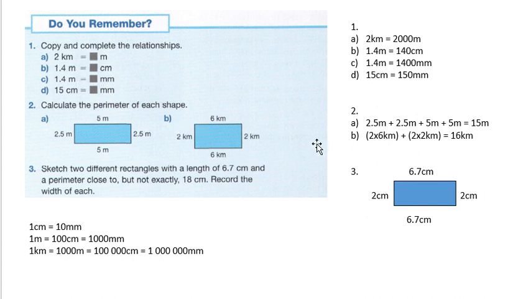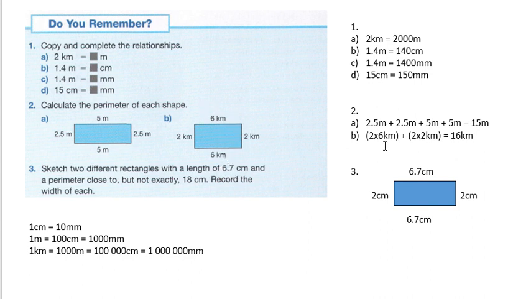For 2b, I'm going to be finding the perimeter of this one a little bit differently. It still gives the correct answer, and of course we could still say 2 plus 6 plus 2 plus 6. That for sure will still work. But I noticed something for a rectangle, that its opposite sides are the same length. And you've learned when you do repeated addition that you can do a multiplication here. So we have two sides that are 6 kilometers each.